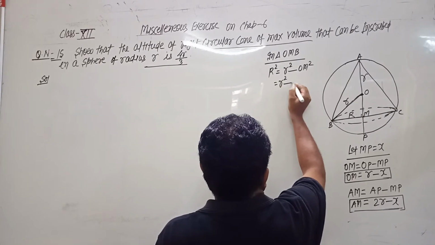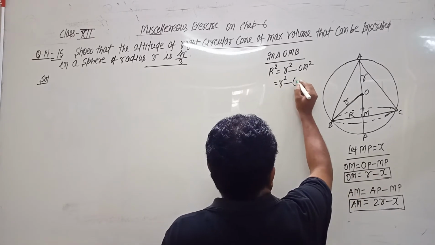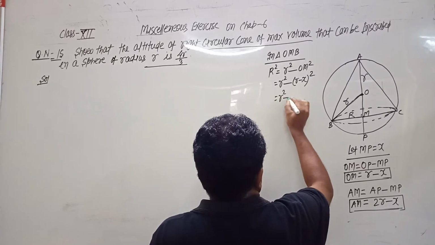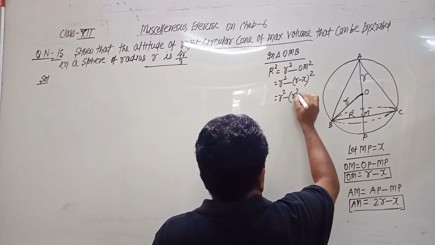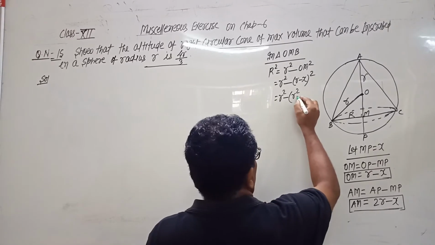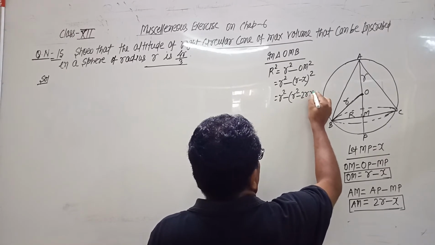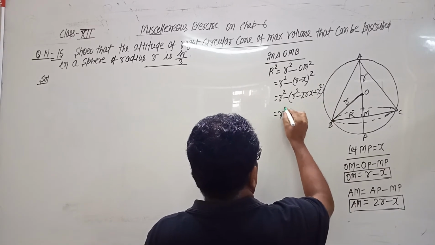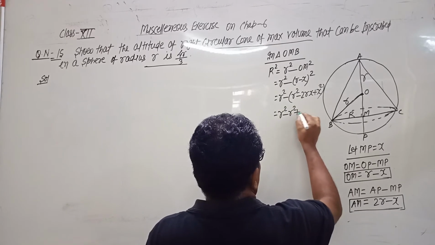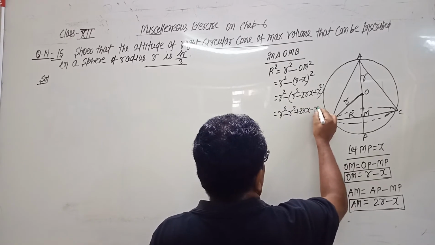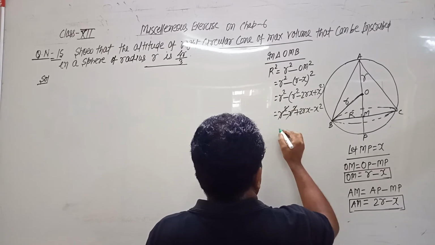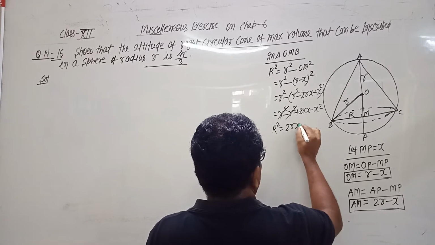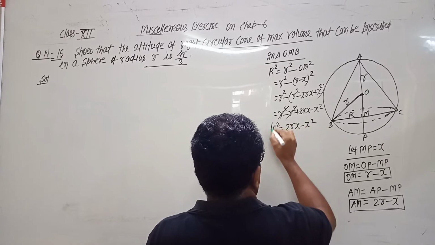So R square equals r square minus (r minus x) whole square, which is r square minus r square plus 2rx minus x square. The r square cancels and we get R square equals 2rx minus x square.